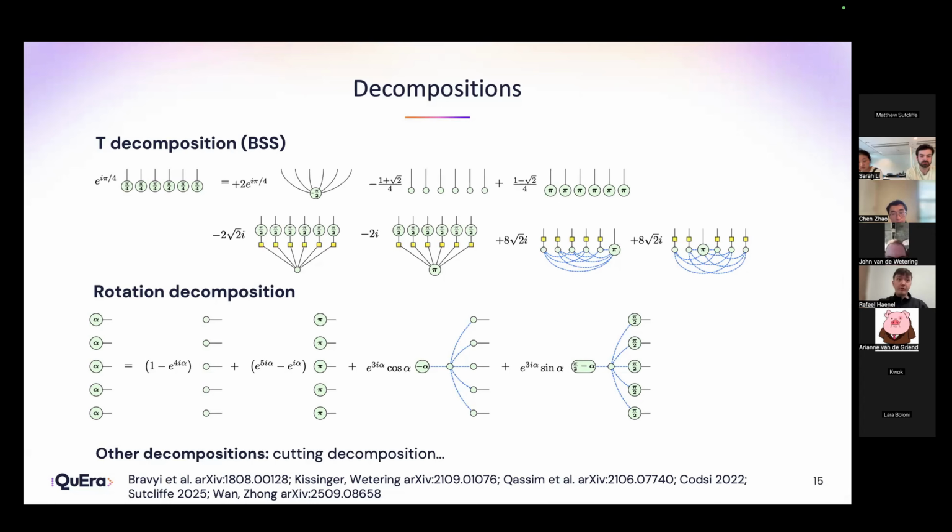But for example, that follow-up work by Kwok used the cutting decomposition, and that is giving much better results than any of these decompositions. So my intuition is that depending on the structure of your circuits, different strategies can work significantly better than others.